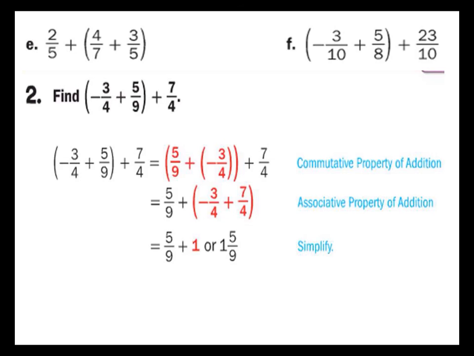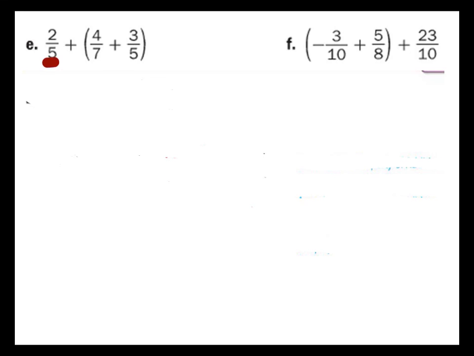If you look at E, notice now there's 3 fractions, okay? Don't let that bother you too much. The denominators are 5, 7, and 5. Since I've only got 2 different ones, I'm going to multiply the 5s by the 7 and their numerators as well.